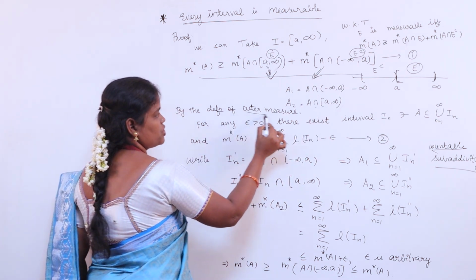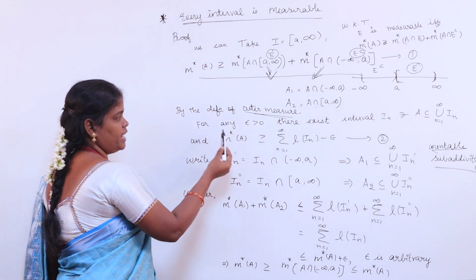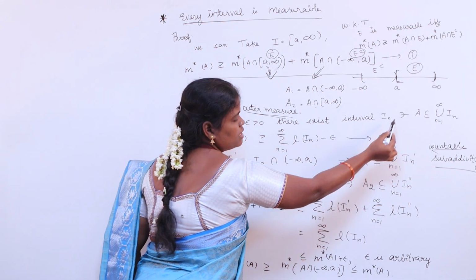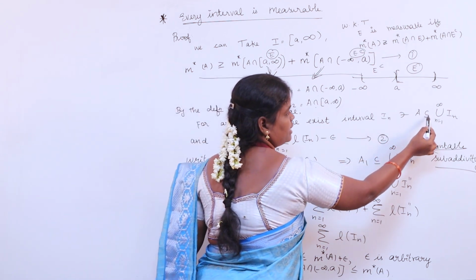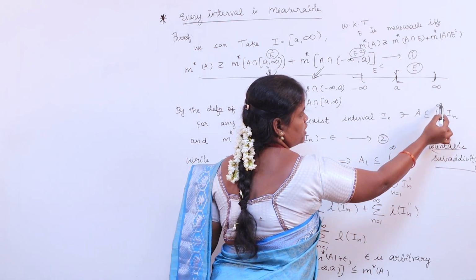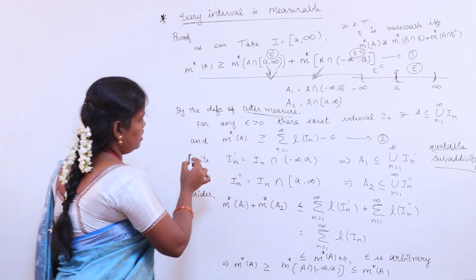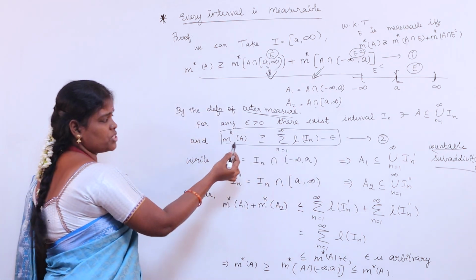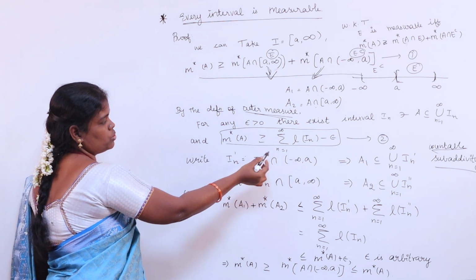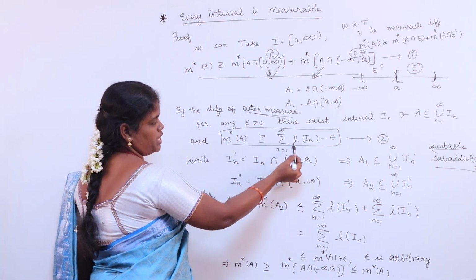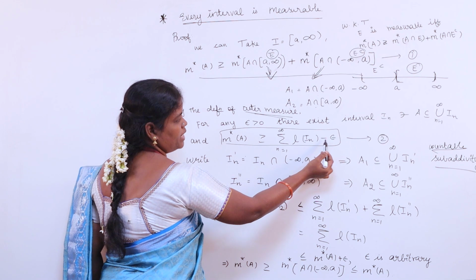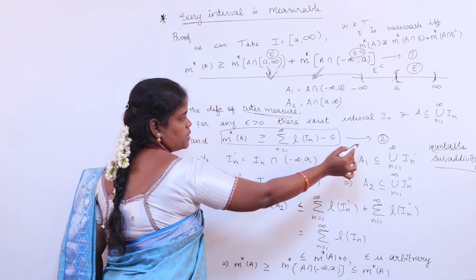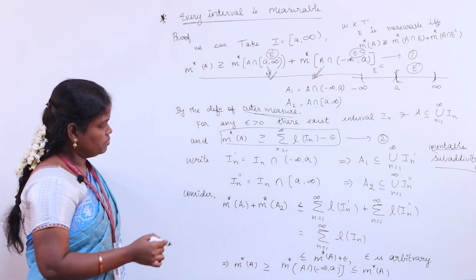By the definition of outer measure, for any epsilon greater than 0, there exist intervals In such that A is contained in the union n equal to 1 to infinity of In, and outer measure of A is greater than or equal to the sum n equal to 1 to infinity of length of In minus epsilon. This equation we call 1, and this one 2.